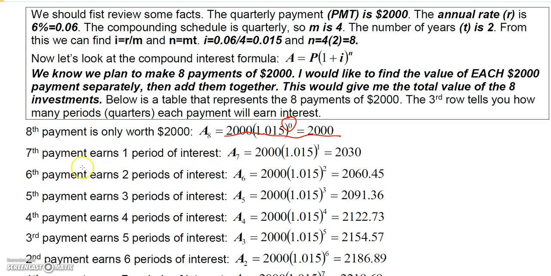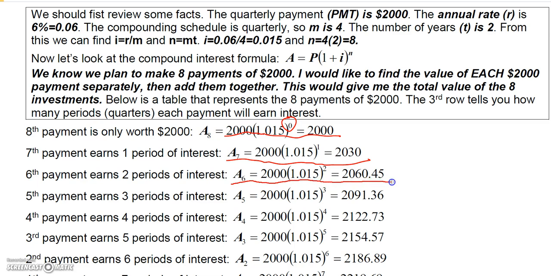Now, what about the 7th payment? Well, the 7th payment is going to go through 1 compounding period. So if you calculate what it's worth after 1 compounding period, it's going to be worth $2,030. Now, the 6th payment is going to go through 2 compounding periods.